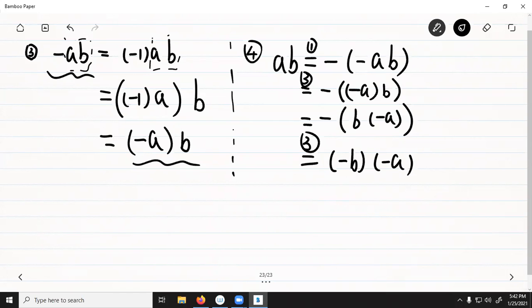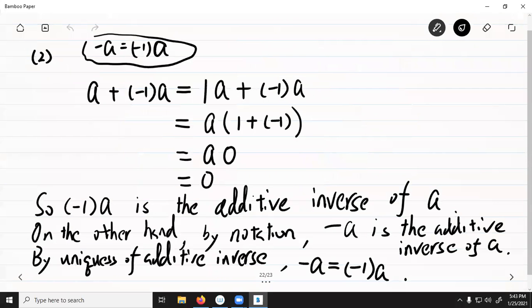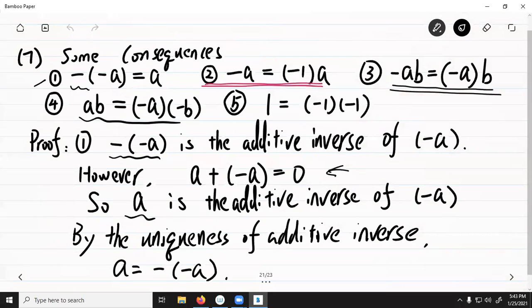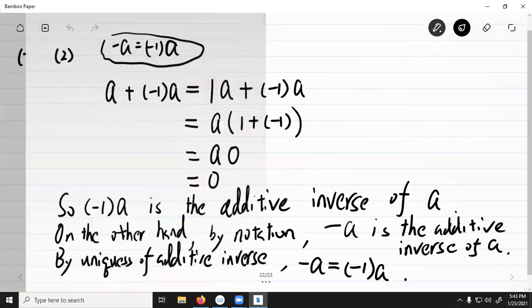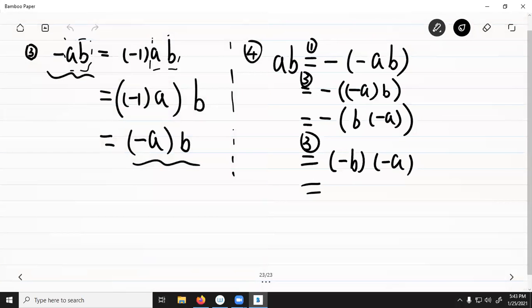If you have some new tool, you need to prove it, then you can use that tool. So since the problem is negative A times negative B, we just interchange the position of negative A and negative B. This is by the axiom. So this is number 4.